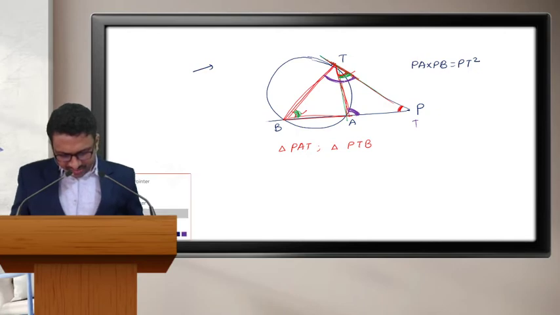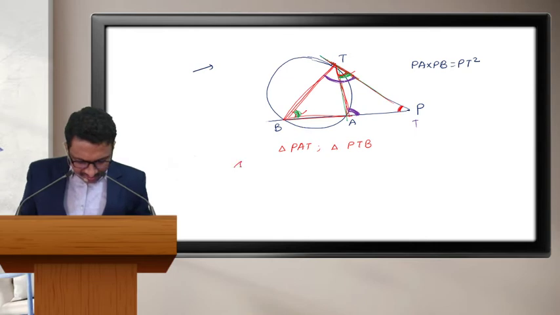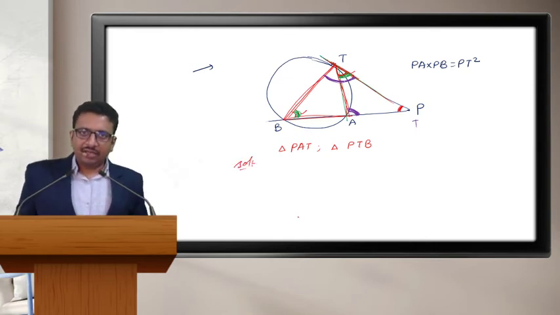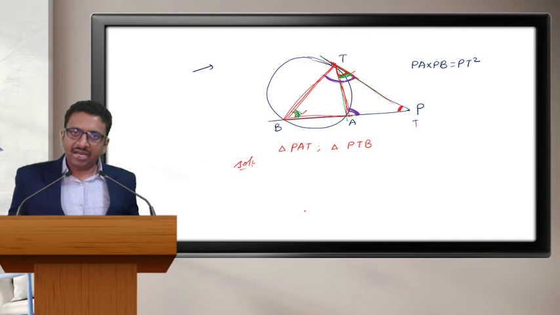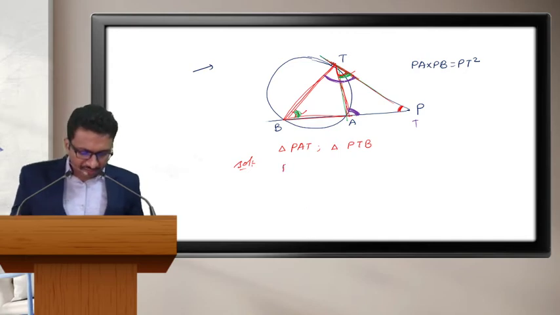Once these two triangles are similar, so what can I say? Take the first green angle. What is the side opposite to the green angle in the smaller triangle? PA.